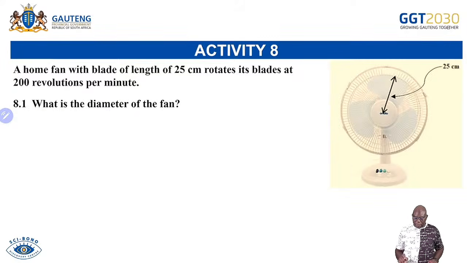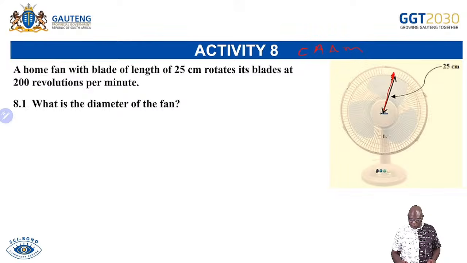Now, if you look at circles, angles, and angular movement, your favorite, because the formulae are also given there, very simple questions here. Now, it says a home fan, it's very hot nowadays, so each and every home has got a fan. The fan here has got a diameter.